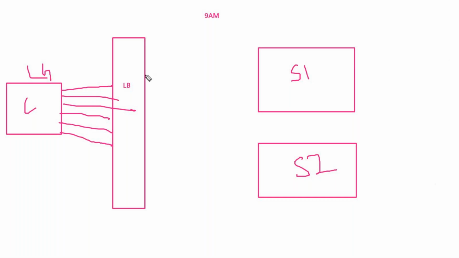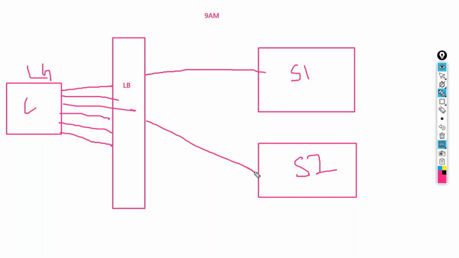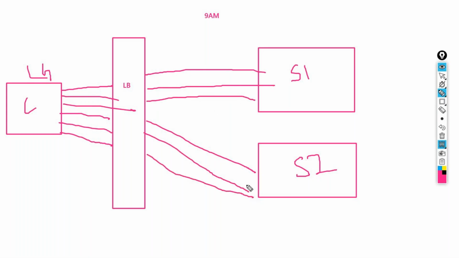Let's say it is distributing the load like this, whatever it is getting. From 9 a.m. to 9:15 a.m. continue this process.